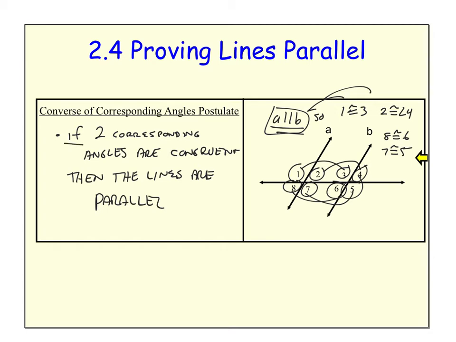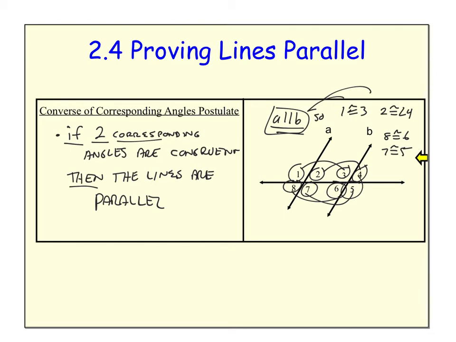So if you notice, an if-then statement, yes, that kind of goes back to the logic. And this is actually what you would call a converse of what we spoke about at the end of Unit 1 with the angle relationships piece. Or I'm sorry, it was rather 2.1. So it's just kind of flipping it around. Previously I'd said, hey, the lines are parallel, then any two corresponding angles are congruent.